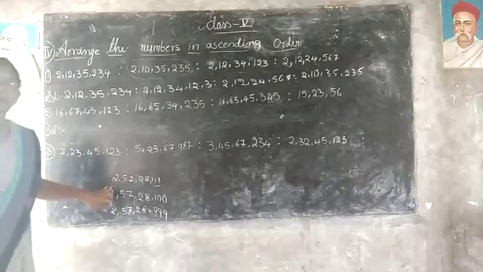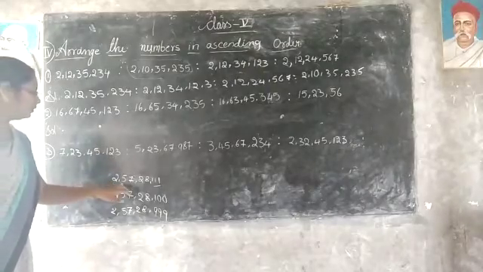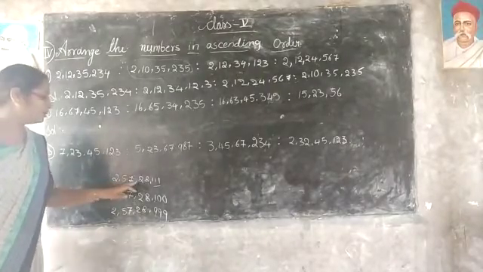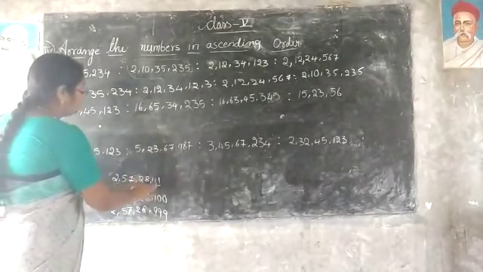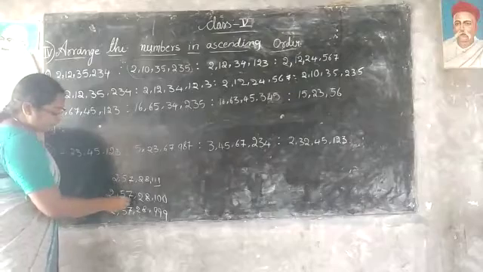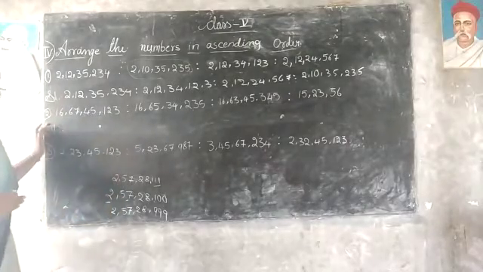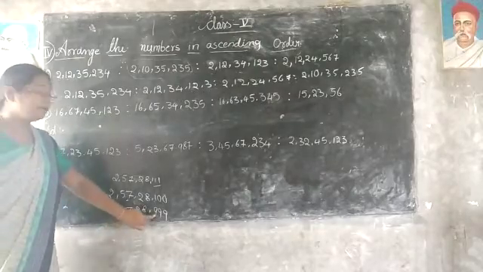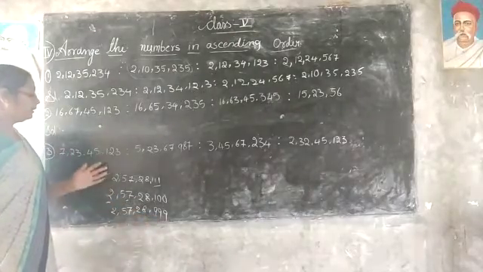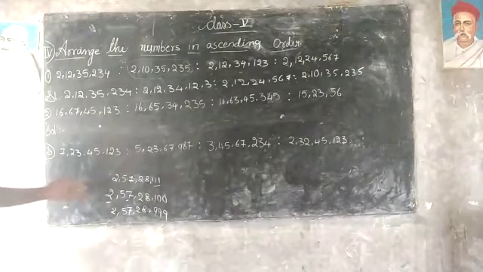Here I'll give the numbers: 2 crore 57 lakhs 28,100; 2 crore 57 lakhs 28,100; and 2 crore 57 lakhs 28,999. In these three numbers we have to check.